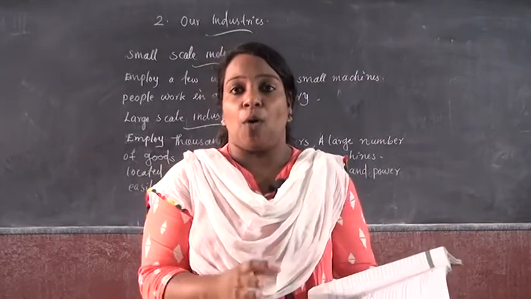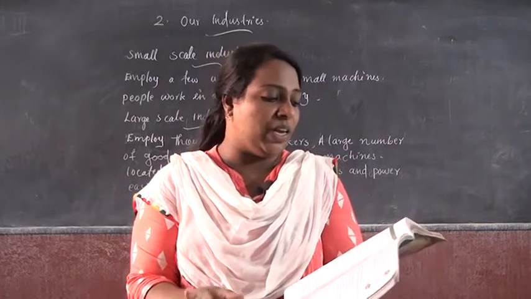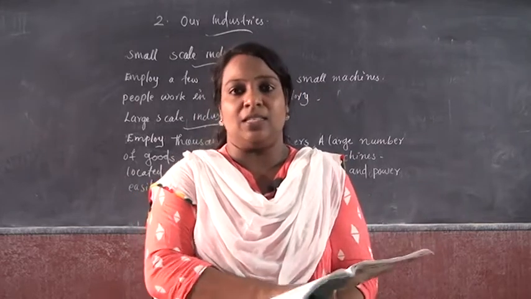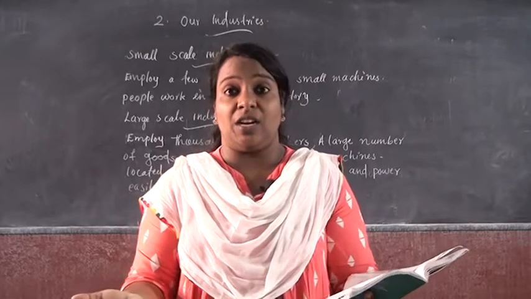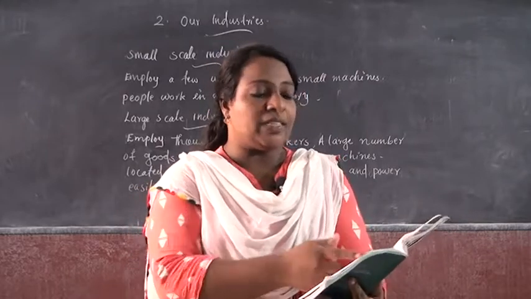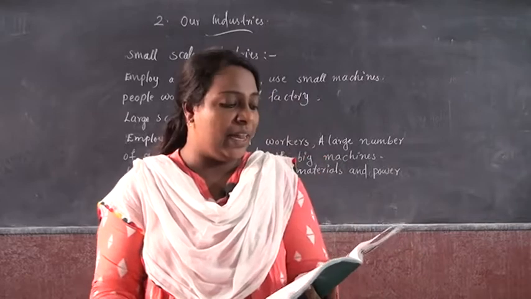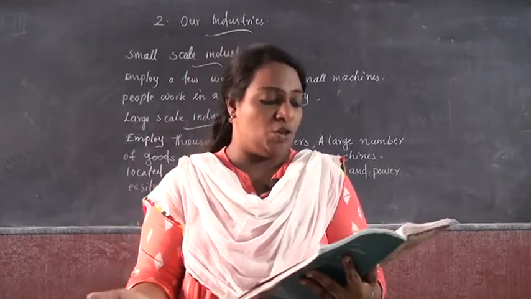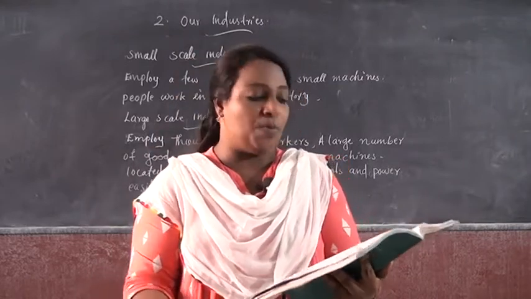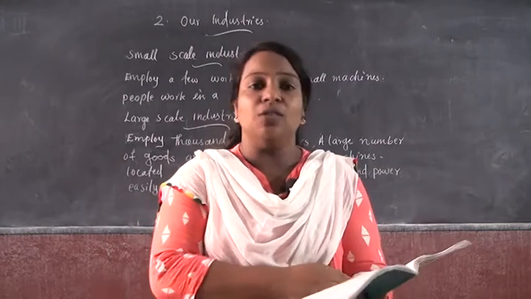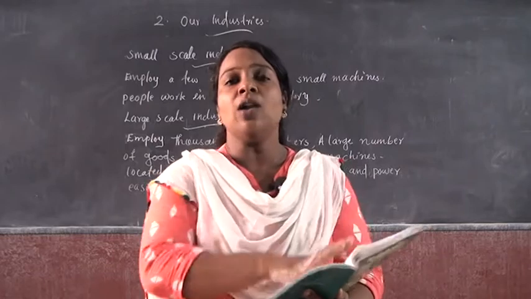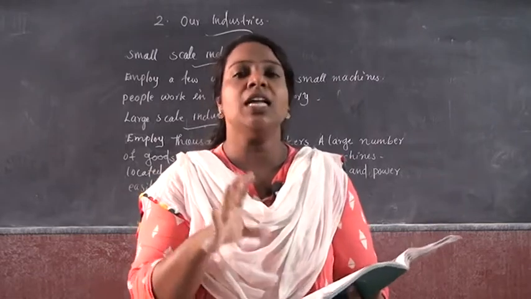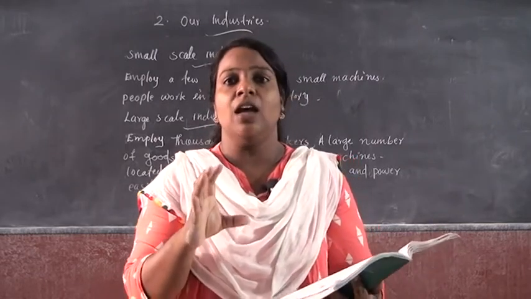Everybody read properly because that is very important. In which places are all these industries located in India? Cotton textiles, silk textiles, woolen, iron, jute mills, sugar mills, railway equipments, automobiles, electronic goods, shipbuilding and aircraft manufacturing. In which important places can they be found?